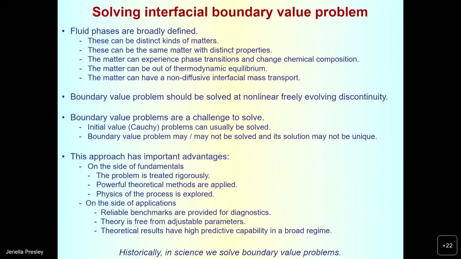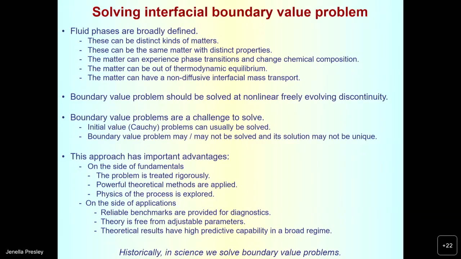Now, when I'm talking about the boundary value problem, I'm not saying that this fluid is fluid 1 and the other fluid is fluid 2. We define the fluid boundary similarly to what we have been doing with the derivation of the equations and the boundary conditions in an inertial frame of reference. We define them pretty broadly. So we're not saying that this is a particular fluid or that is a particular fluid, or that the fluids are miscible, etc. No. The fluid phases are broadly defined.